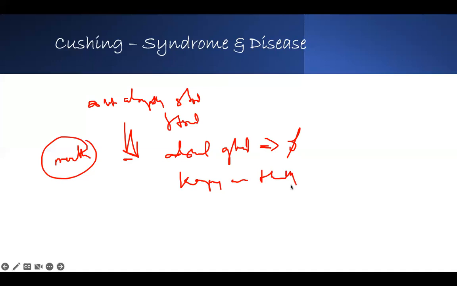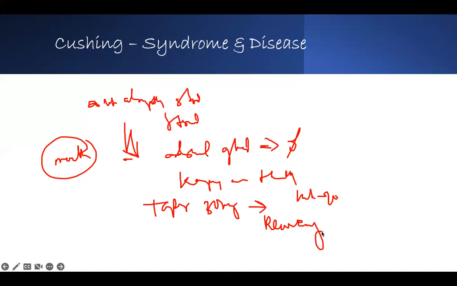If you need to stop the steroid, you've got to taper it. So if you take 30 milligrams of steroid, you should taper it over at least 1 week or 2 weeks, slowly, slowly. What this does is it allows the adrenal gland to recover. Then the adrenal gland will take over and start secreting steroid again.